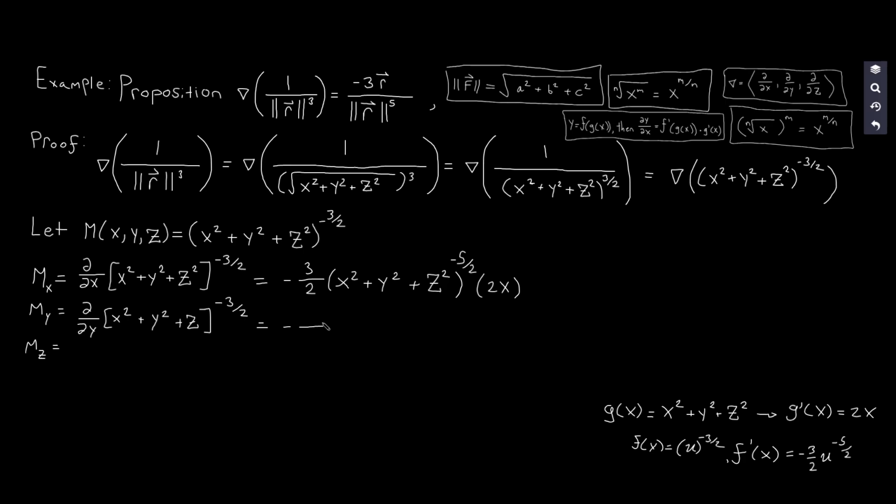Instead of redoing the chain rule, we could just use our pattern recognition skills to see that everything's going to be the same except for the variable on the tail end. It's still going to be raised to the power of negative 5 halves because the procedure to find these is exactly the same. This one was with respect to x, so now this is going to be with respect to y, thus in the tail end it's going to be 2y.